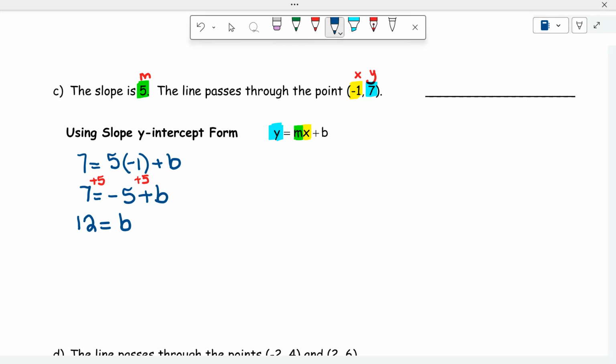So now you have m and b. Now you can write your equation. So go ahead, write your equation on your line.